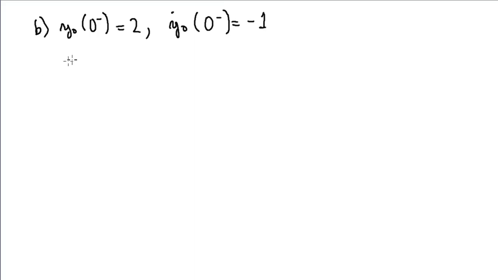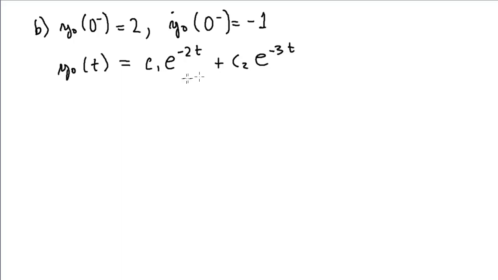The general form for y0 of t is just the sum of our modes with arbitrary constants. So c1 e to the minus 2t plus c2 e to the minus 3t. So we'd have a different arbitrary constant multiplying each of our modes.